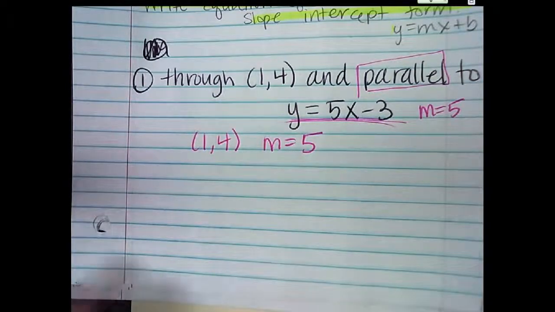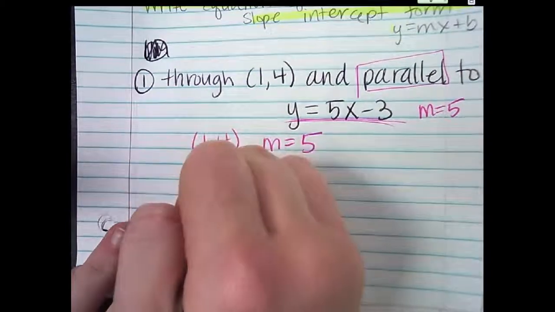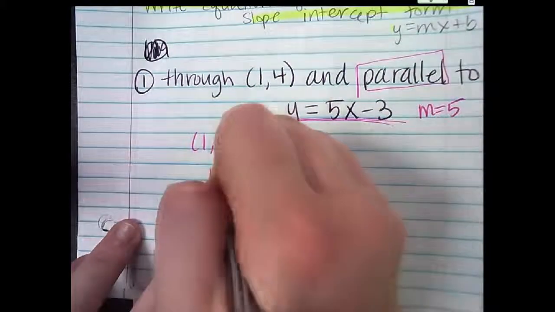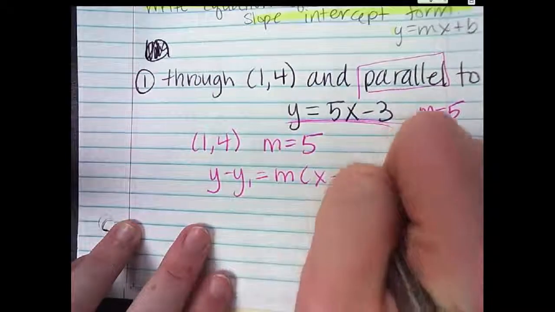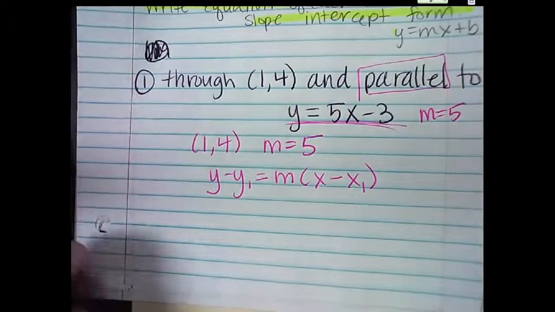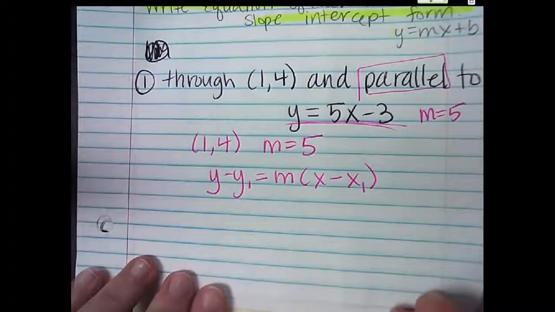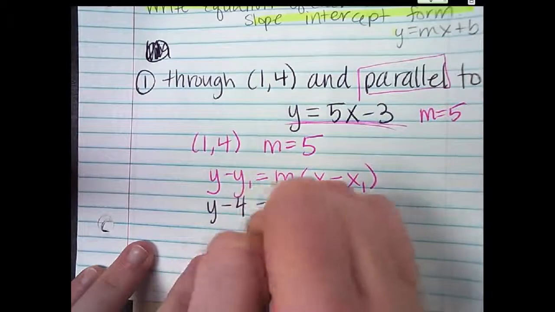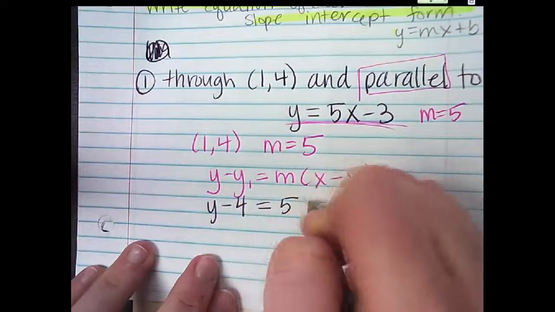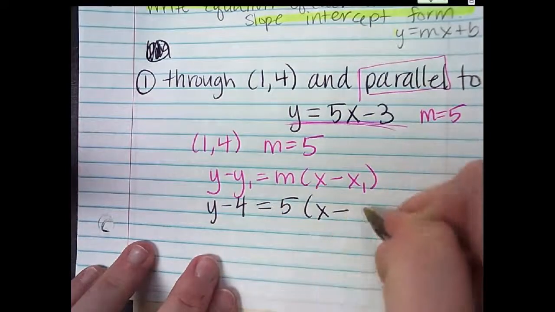Point slope, yes. I want to use point slope here in order to get to slope-intercept form. Y minus y1 equals m times x minus x1. So we plug in. What's y1? 4. Then I have my slope is 5. And x1 is 1.